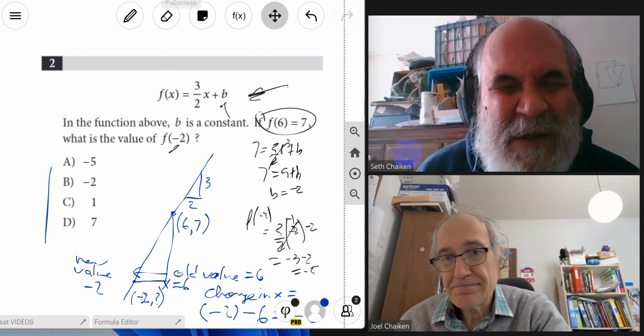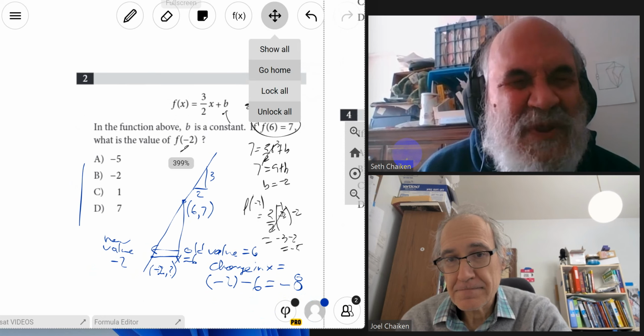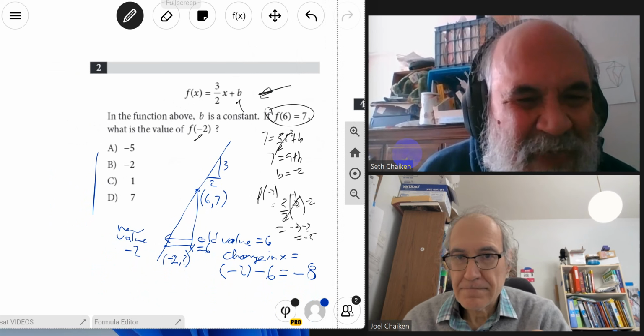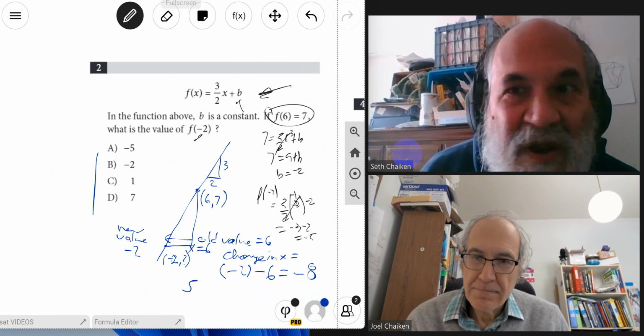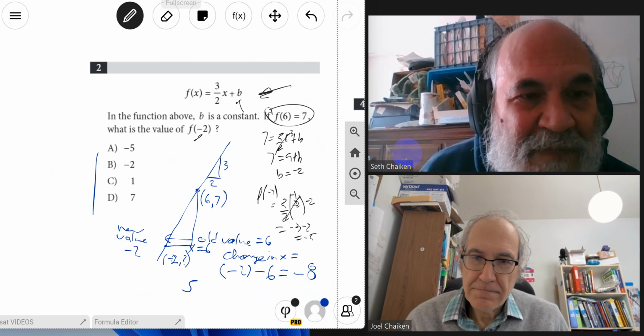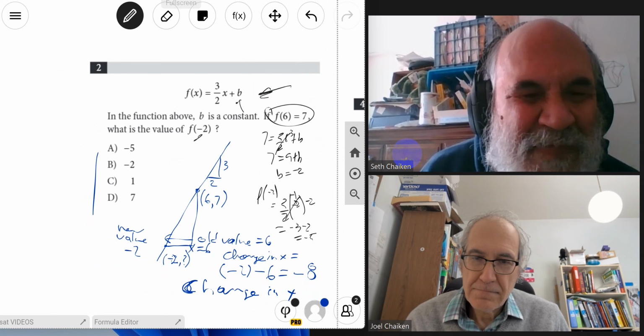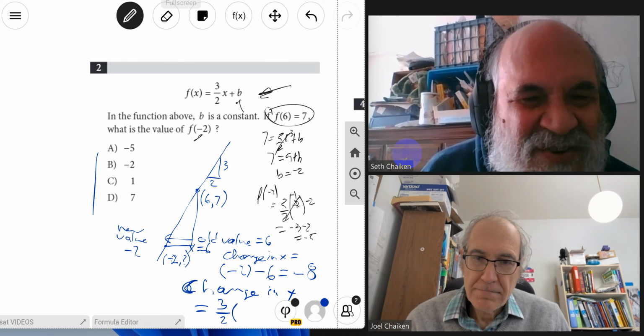Right. Okay. And now, since we know the slope, using the slope, the corresponding change in Y equals the slope, which is 3/2, times the change in X, which is -8.